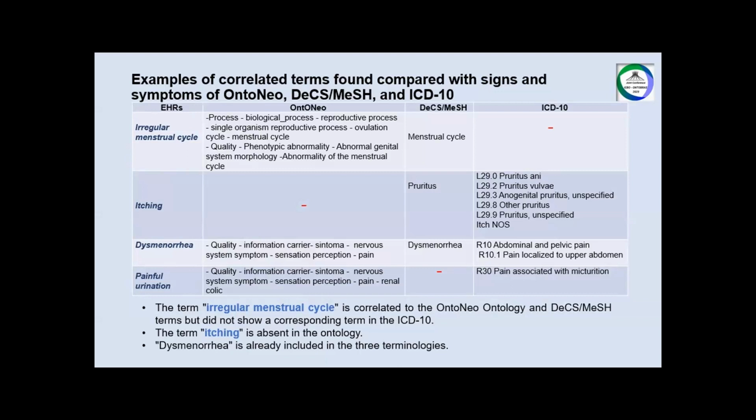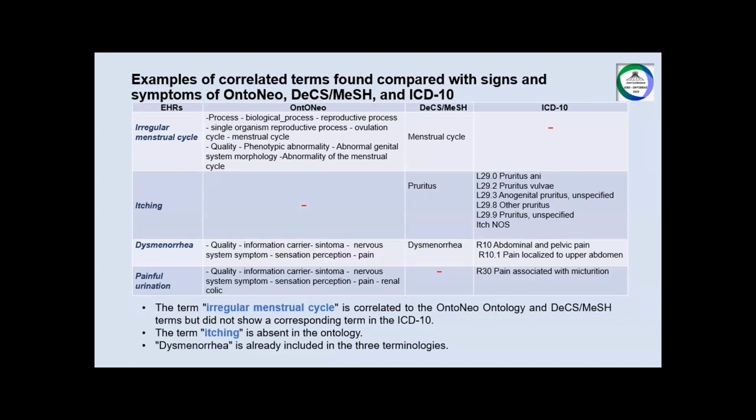Here are the terms that we found in the notes from electronic healthcare records. Here are the terms that we found in Ontonil, this column, and here DeCS, MeSH, and ICD-10. We can see the term irregular menstrual cycle has a correlate in Ontonil, but not in ICD-10.